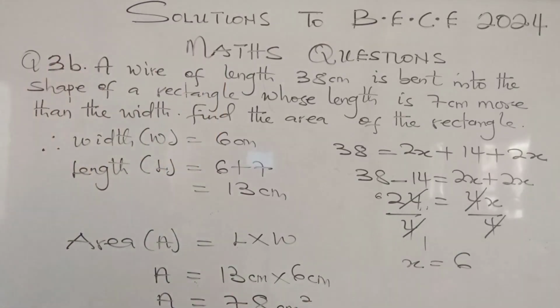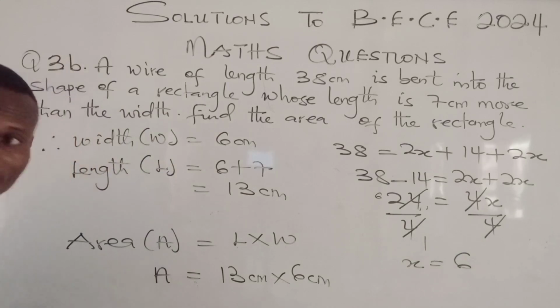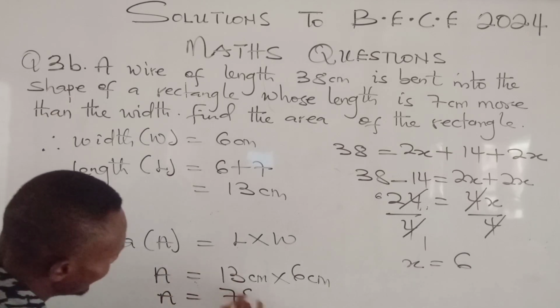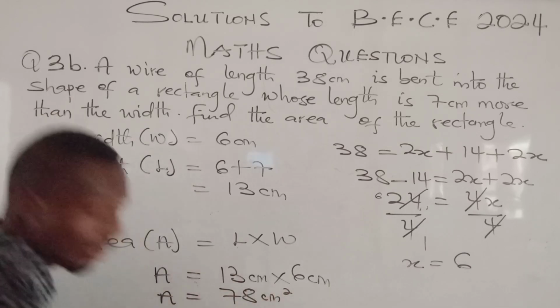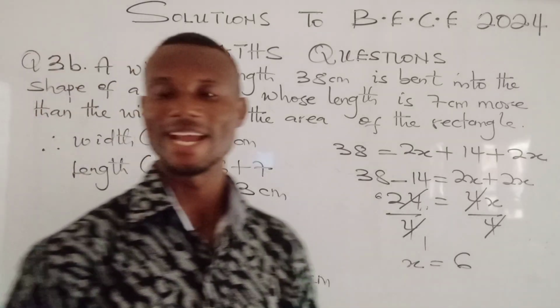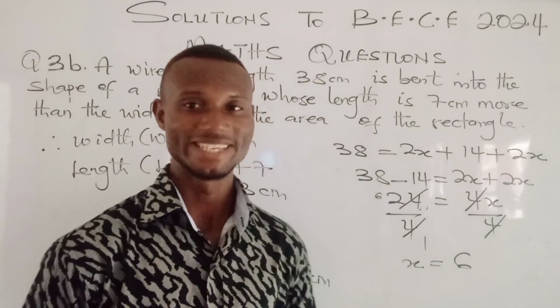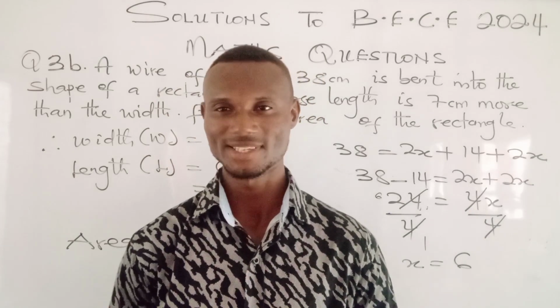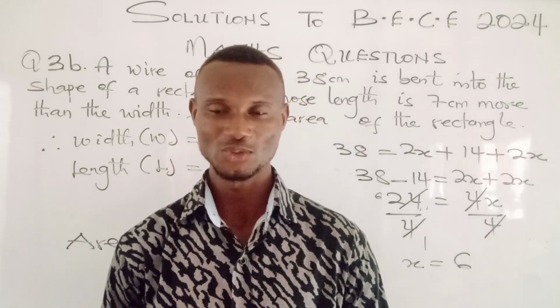Okay, I can see it's not clear here, so let me clean it and write it well so that you can see. So I have my area equals to 78 centimeters square. I hope you can see it now. Okay, good, it's clear. So that's the solution to the question. Okay, and I hope the explanation was clear enough and you understood it as well.